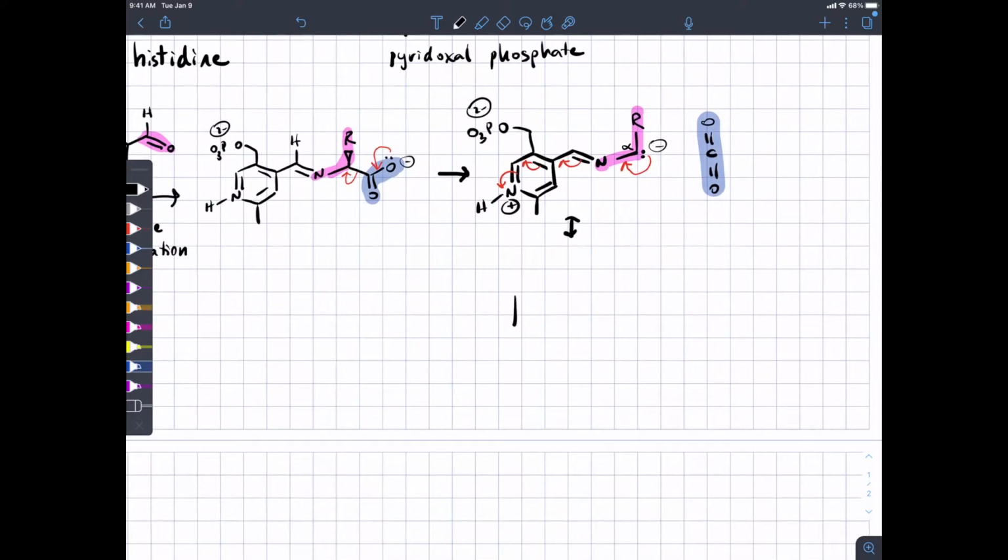That lone pair of electrons on the alpha carbon is actually delocalized throughout this conjugated system and therefore stabilized, so it's not such a bad thing for CO2 to kick off as the leaving group.